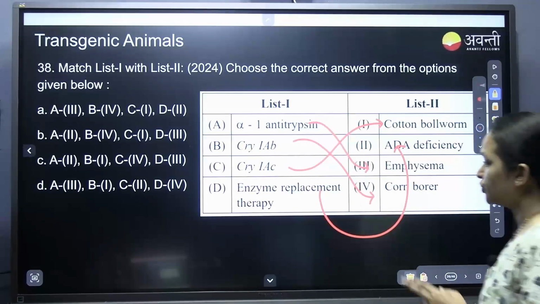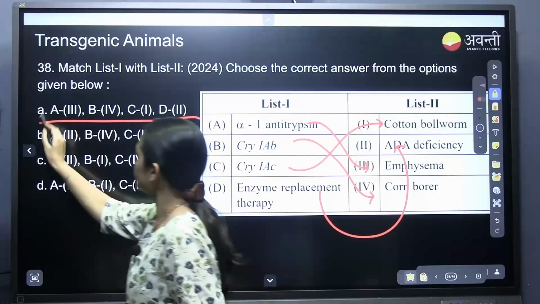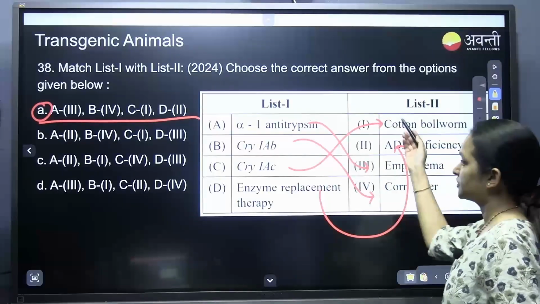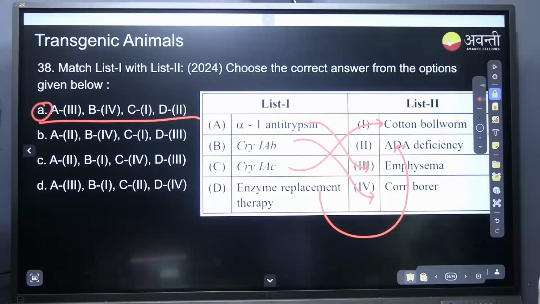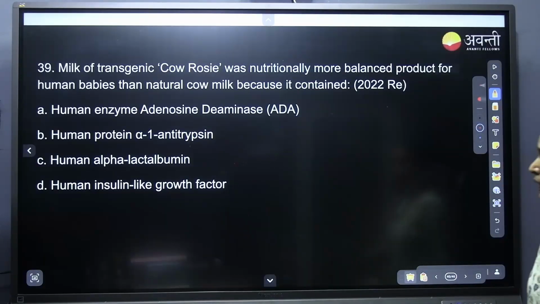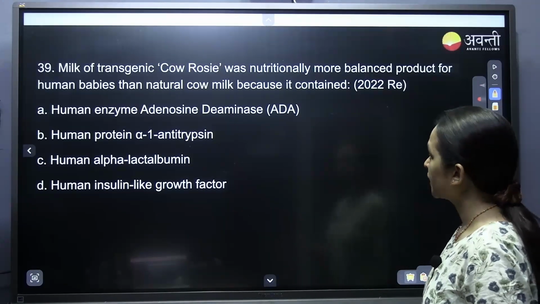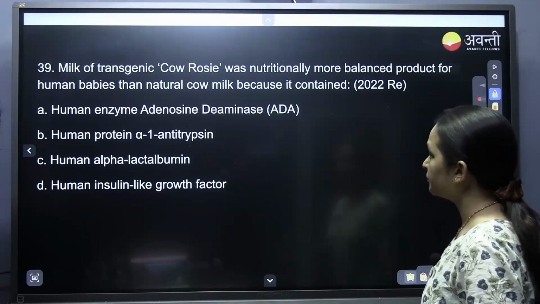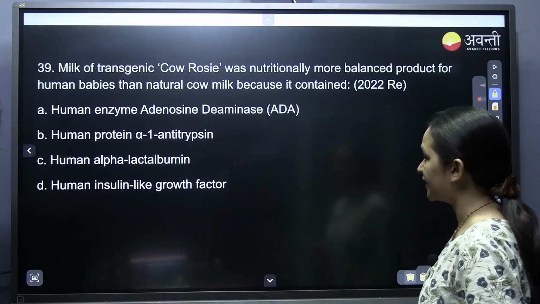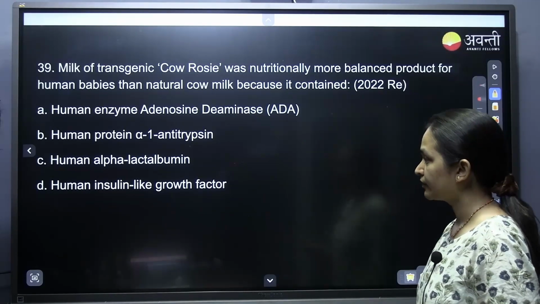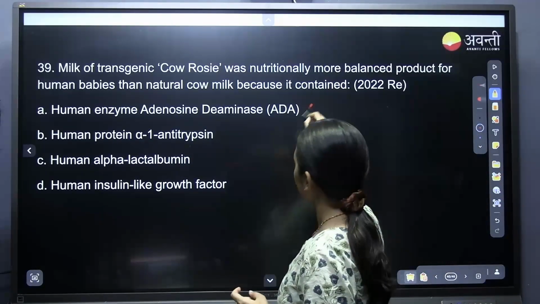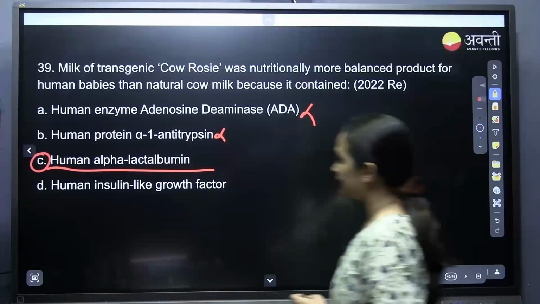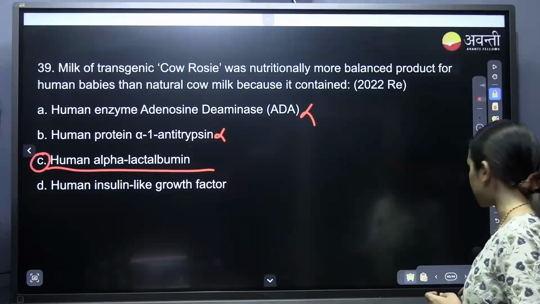So D-2, A-3, C-1. Yes, A is the correct answer. Milk of transgenic cow Rosie was nutritionally more balanced product for human babies than natural cow milk because it contained human alpha-lactalbumin.